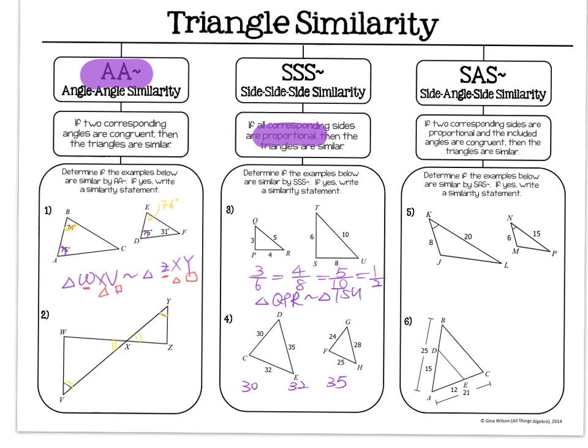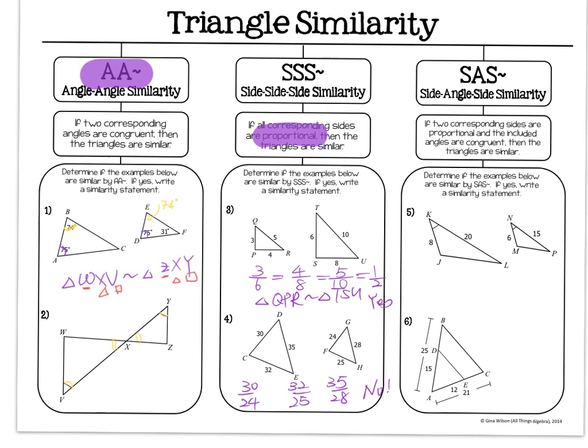Then I go to the other triangle and line them up from the smallest to the largest as well, which is 24, 25, and 28. If you simplify these fractions, you will see that they don't equal each other. So in this case, this one is not a similar triangle, whereas the one on top, they're similar.